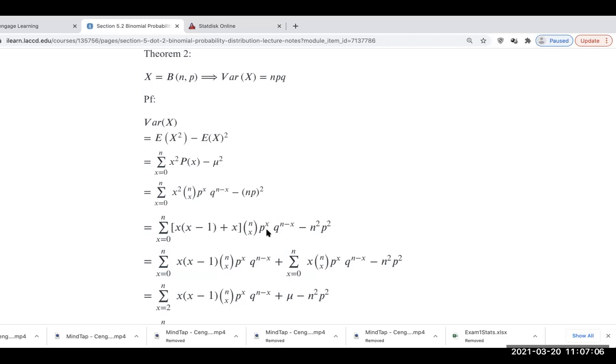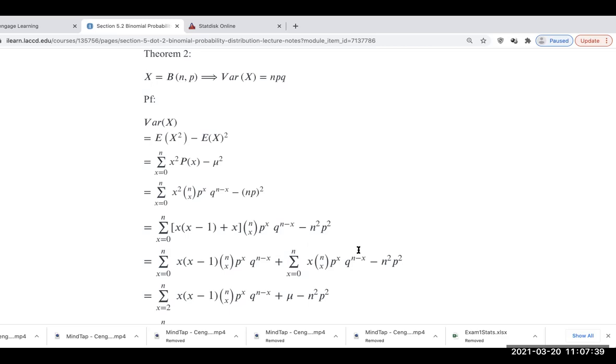Then let me distribute the nCx, p to the x, q to the n minus x inside the parentheses. So this is equal to the sum, x equals 0 to n, of x times x minus 1 nCx, p to the x, q to the n minus x, plus the sum, x equals 0 to n, of x nCx, p to the x, q to the n minus x.